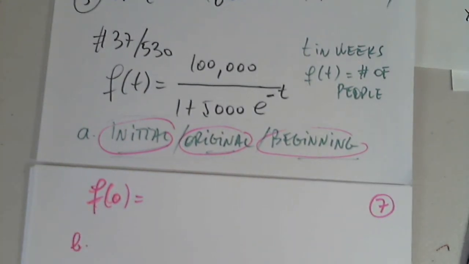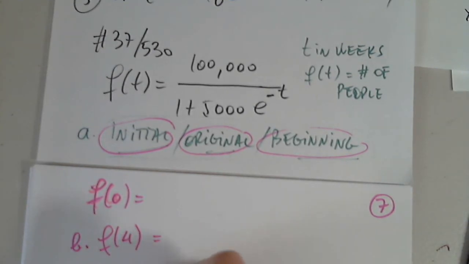Part B. How many people were ill by the end of the 4th week? What do you think that is asking us to do? Excellent. We'll come back to it in a minute. What is the limiting size of the population that becomes ill?